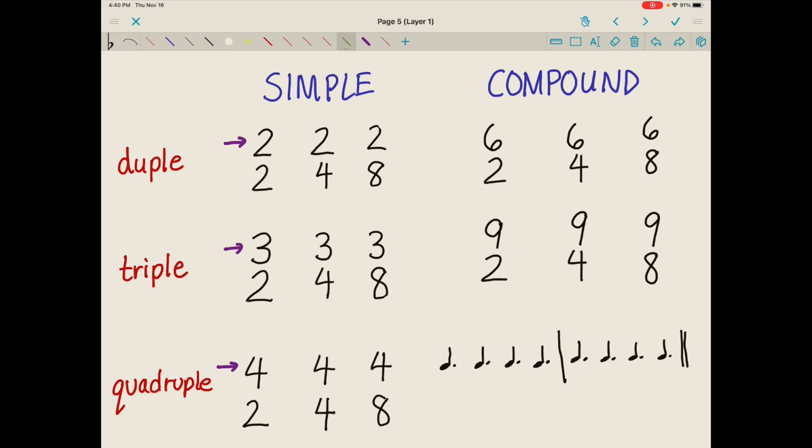Remember that another distinguishing factor of compound meters is that the big beat or the pulse note will naturally divide into 3 equal parts. So a quarter note naturally divides into 2 equal 8th notes, and the dot will add half the value of whatever note it's dotting, so another 8th note.